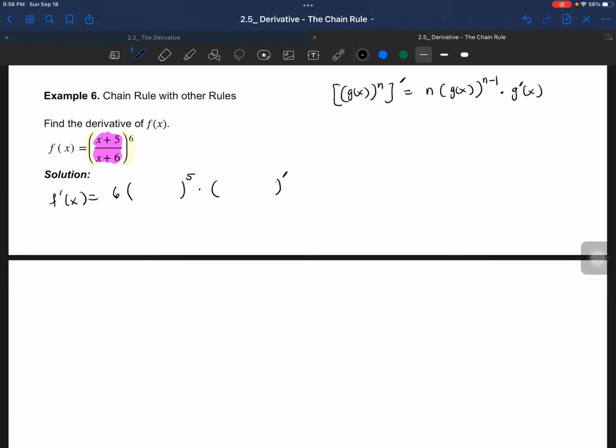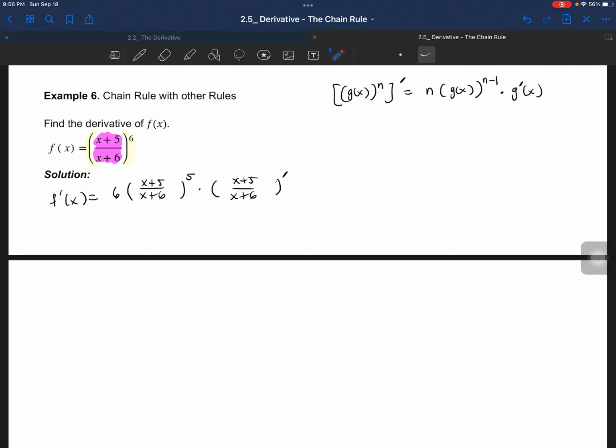So at this point we're going to write the inside of this: x plus 5 over x plus 6, x plus 5 over x plus 6. Technically, we just used the chain rule and found the derivative, but it is almost incomplete because we made a promise.